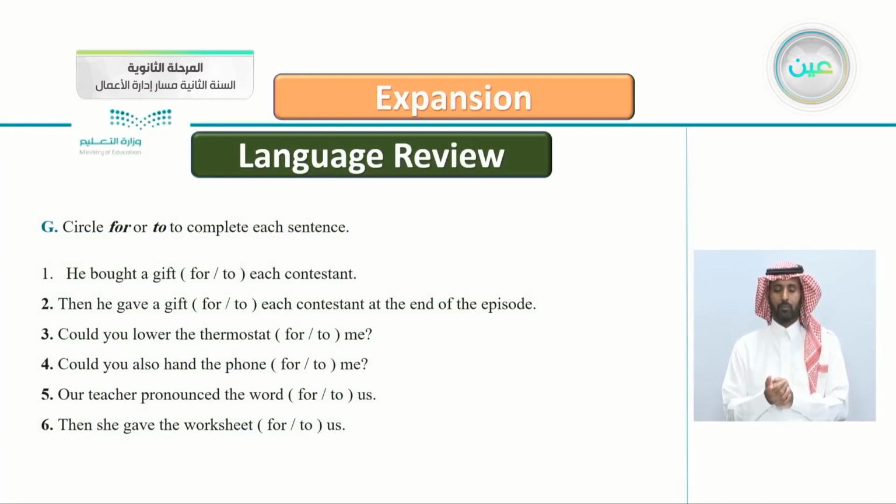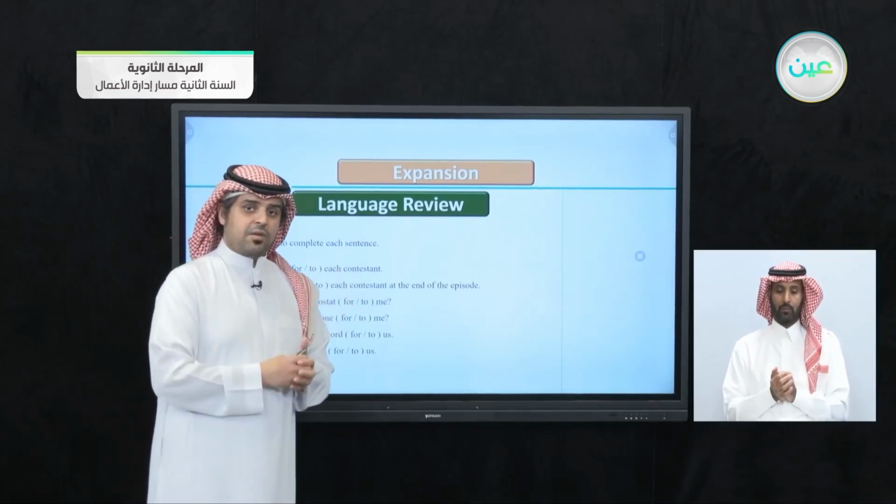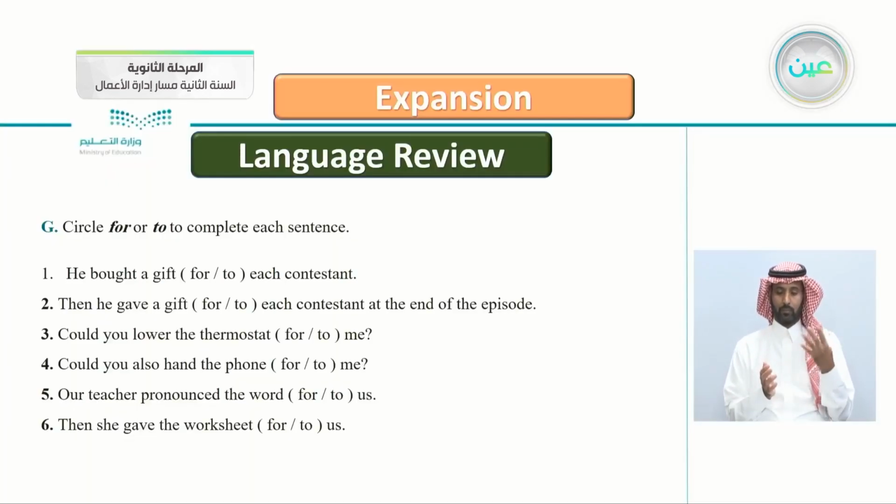So getting back to the exercise, now that we have revised this grammar, 4 and 2, let's answer the questions. Circle 4 or 2 to complete each sentence. Number 1, he bought a gift for or to each contestant.